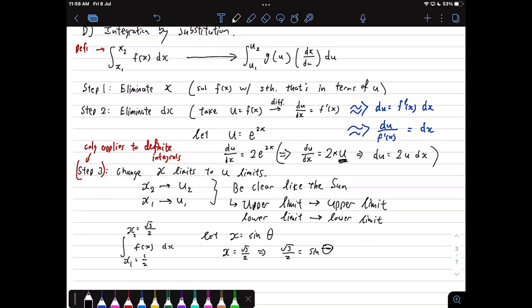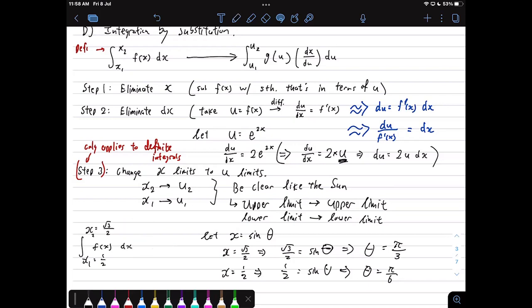Then that implies theta is pi over 3, 60 degrees. And x equals 1/2 implies that 1/2 equals sine of theta, implies that theta equals 30 degrees, pi over 6. So who is the upper limit here? Is it pi over 3 or pi over 6? The pi over 3. Exactly.